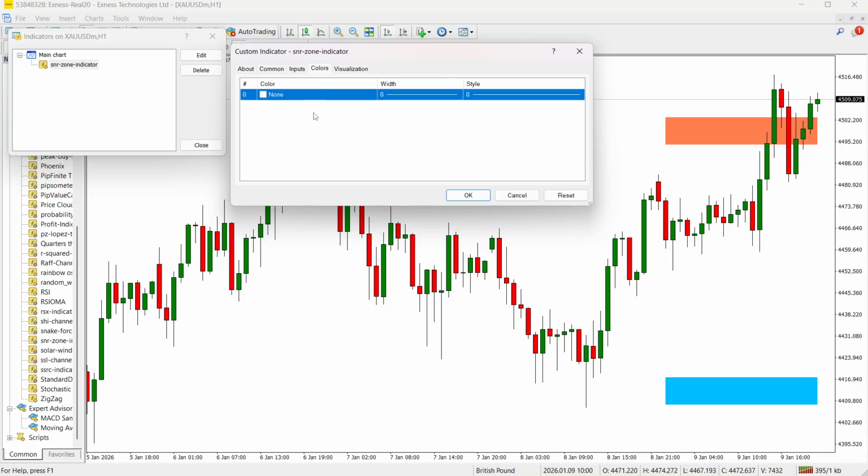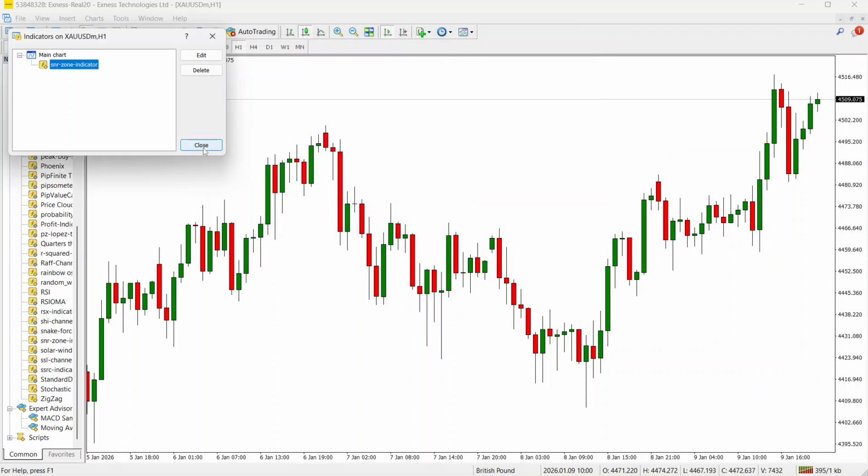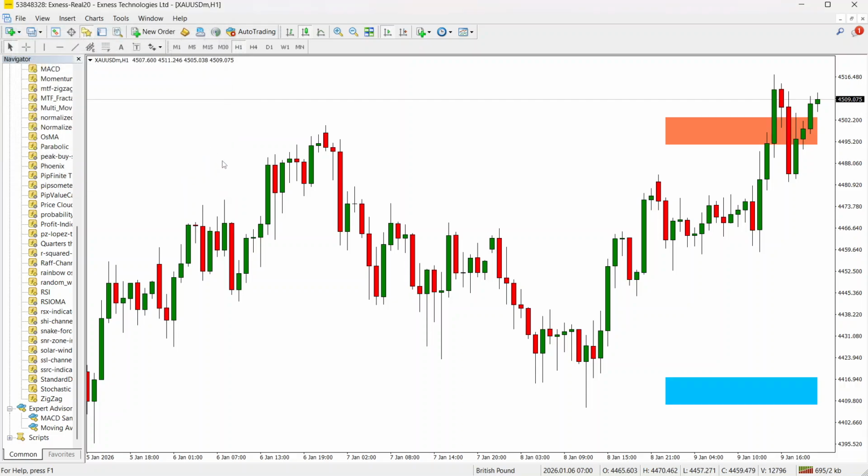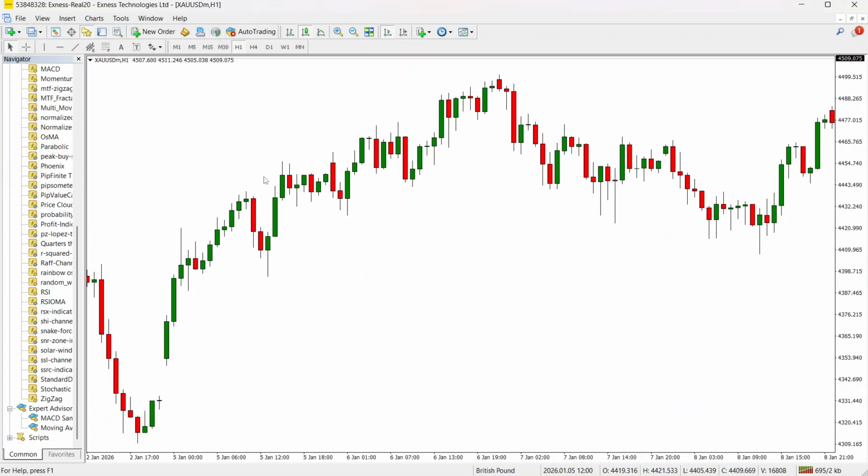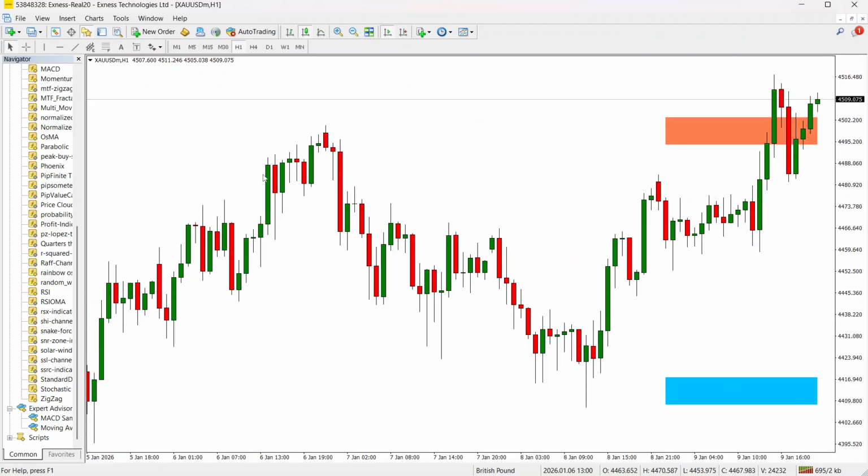The SNR zone indicator is aimed at traders who use support and resistance as key components of their trading strategy and want automated zone detection to streamline analysis. Common applications include buying near support zones during uptrends, selling near resistance zones during downtrends, and using zones as stop loss and take profit reference points.